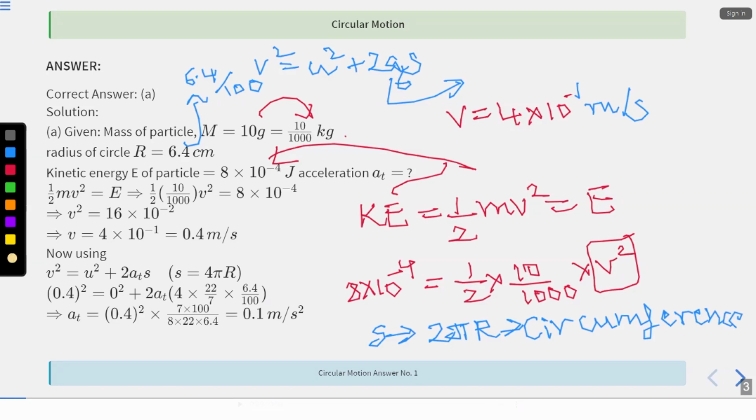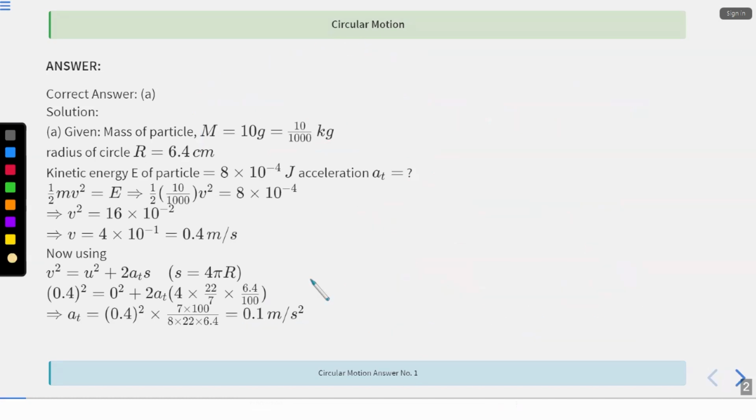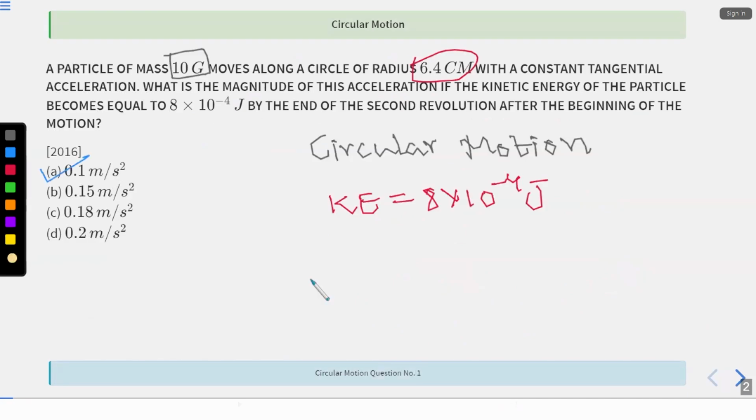And they have told that by the end of the 2 revolutions, you have this value. So therefore, that means we'll multiply it by 2 and then do it, right? Make sense? Okay, let's move on to the next question. So with this, you get it as 0.1 meter per second square. And that is our option A.